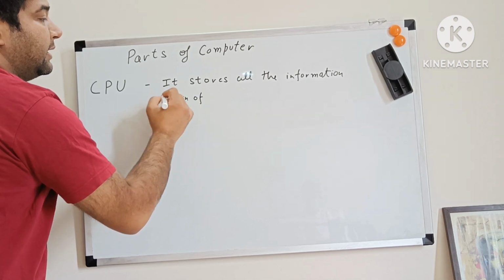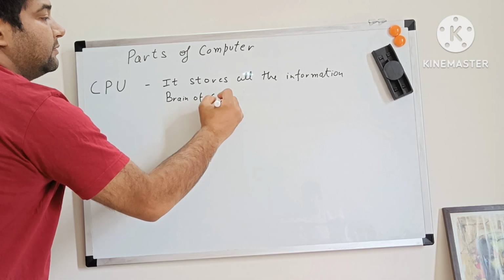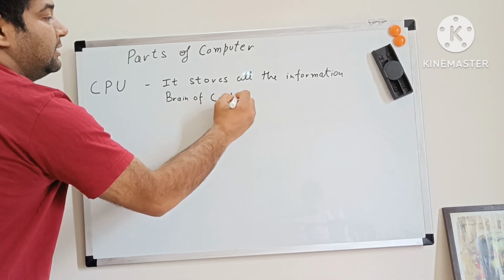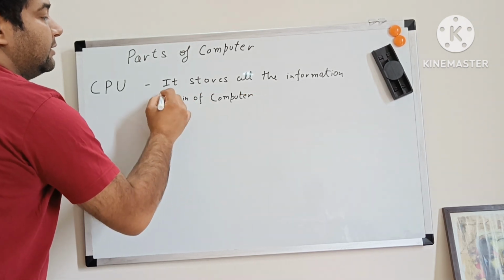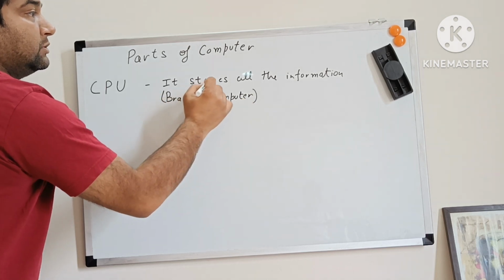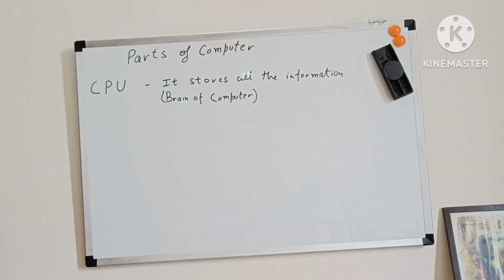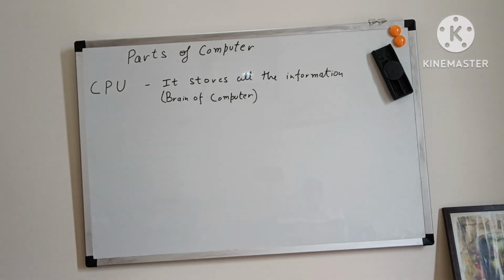Brain means mind, right? Why is it called the brain? Because it stores all the information.